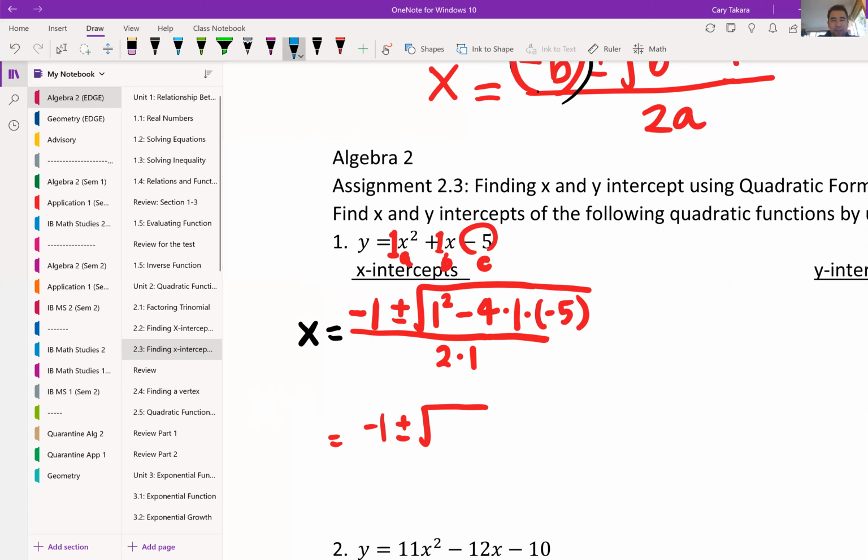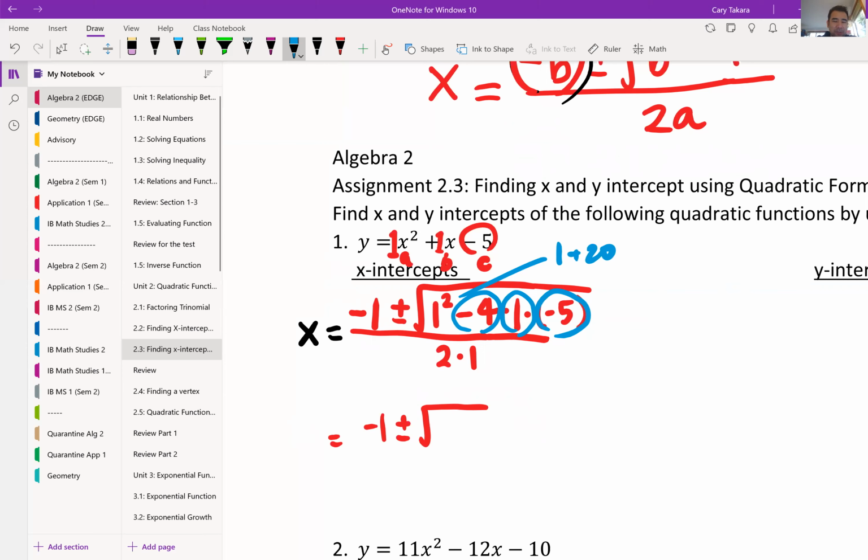So what do we get for the inside? You get 1 squared is 1. And again, I want you to do negative 4 times 1 times negative 5. What is that? Negative 4 times 1 is negative 4. Negative 4 times negative 5, that's a positive 20.